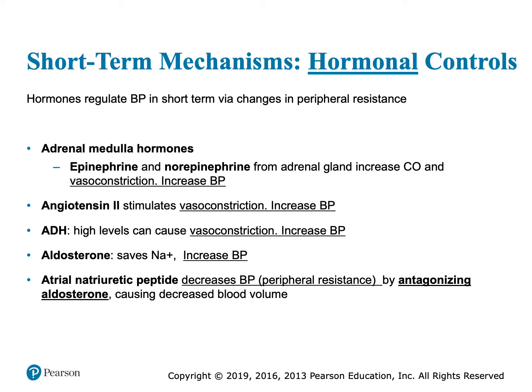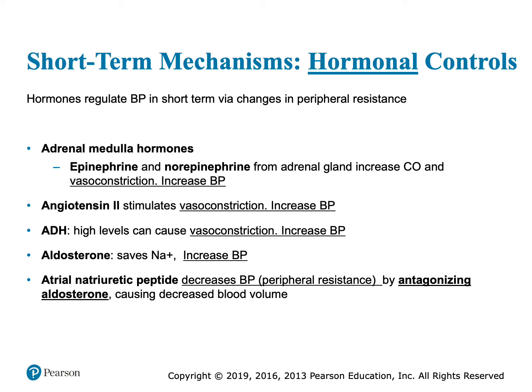Angiotensin 2. So this is going to go along with a whole cascade of events. But if you can think of tense, angiotensin makes things tense, makes things tight. Vasoconstriction, tighter vessels, so increasing the blood pressure.